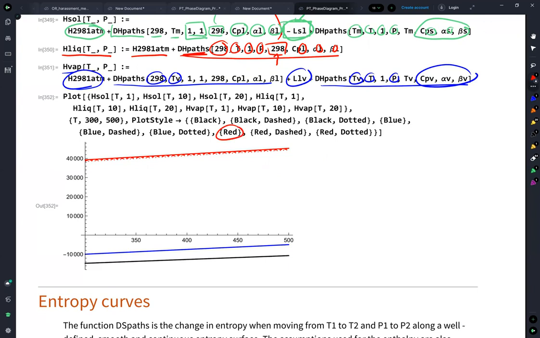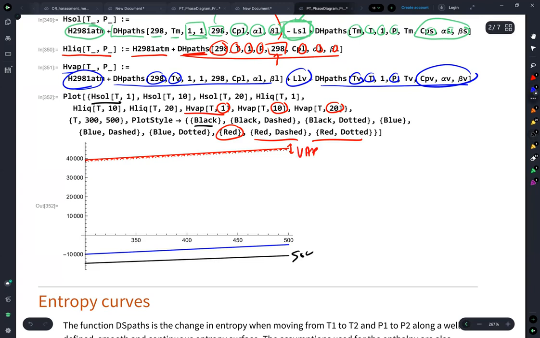And I have the vapor at 1 atm, 10 atm, and 20 atmospheres. And then I made that red dashed and red dotted. So you can see a little bit of change there. I've got black for the solid. So this is solid, vapor, and liquid.